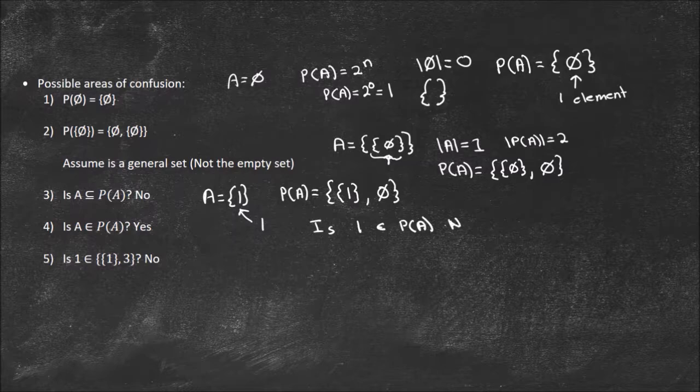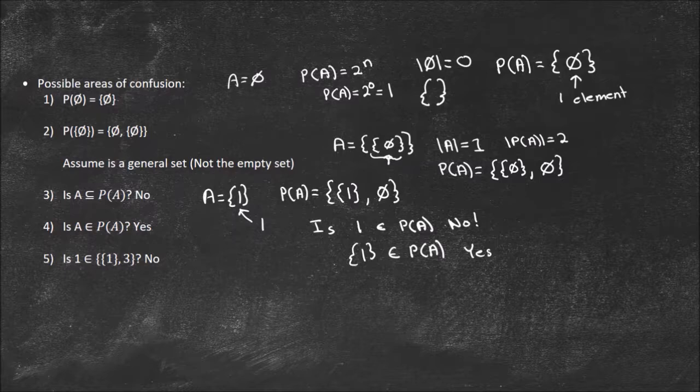And that's where you have to really be careful, because you might be looking at this and saying, are you crazy? But no, the set containing 1 is an element of the power set of A, but 1 is not. So yes, this is true. But 1 itself, that number, the element inside of A, is not in the power set of A. The set containing the element is.